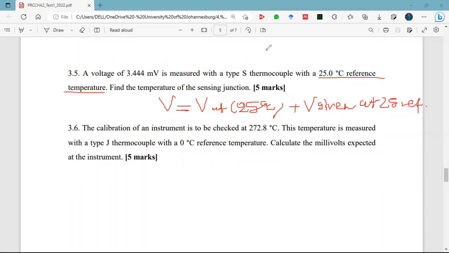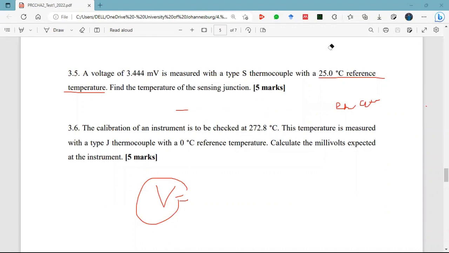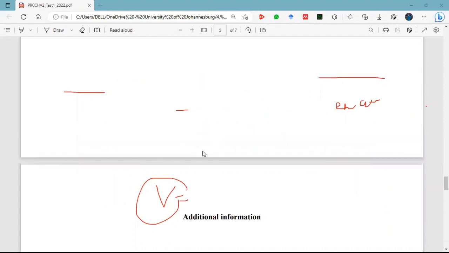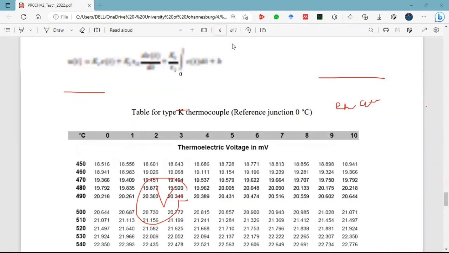As a rule of thumb, it's always V, and you take the one at the reference temperature that you are given and add it to the one that you are given. Then from this new V, you can work with your table that is at 0 degrees reference temperature. Let me scroll down to show you what I'm talking about. You see your tables here are at 0 degrees reference temperature.